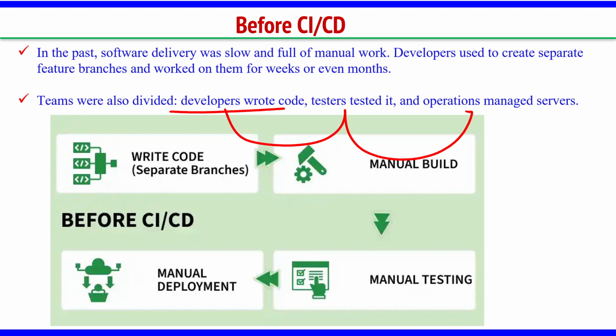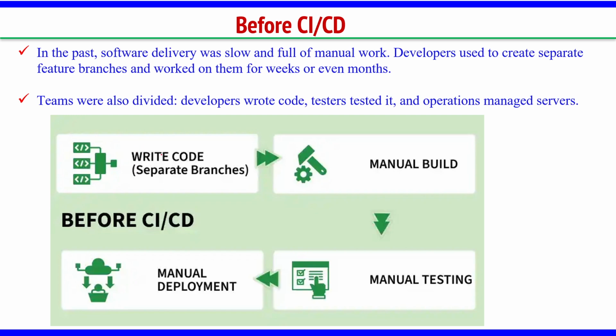He is not worried about any other task. Somebody is doing testing and somebody else is taking care of the operations part. Their teams are separated, they are at different locations, they don't have any communication. It was the biggest challenge in the traditional software development approach.